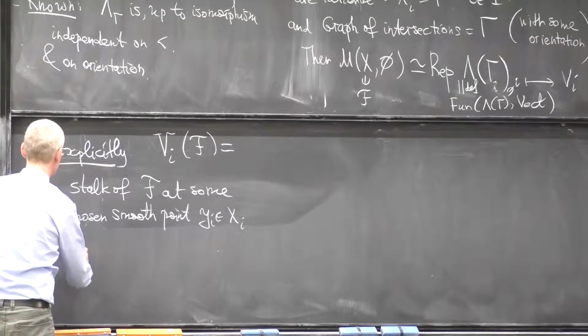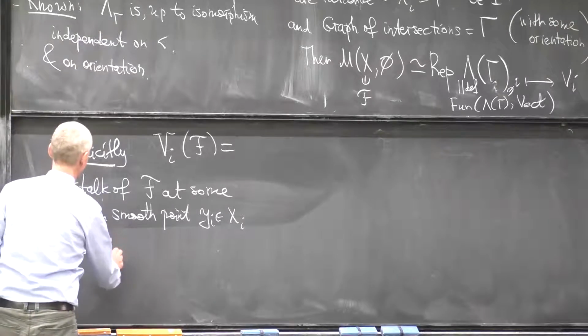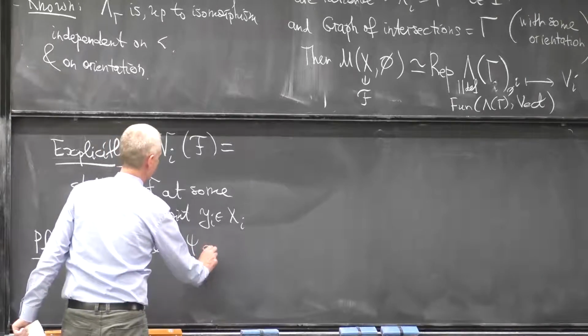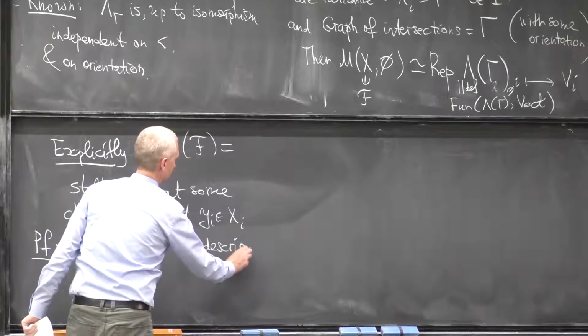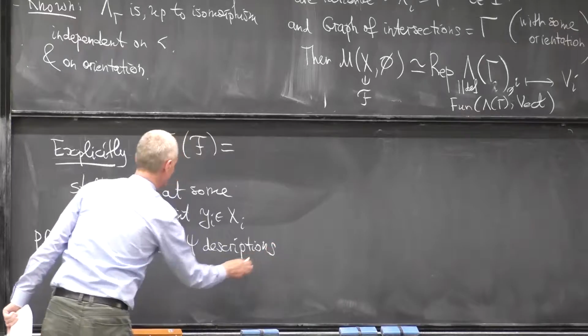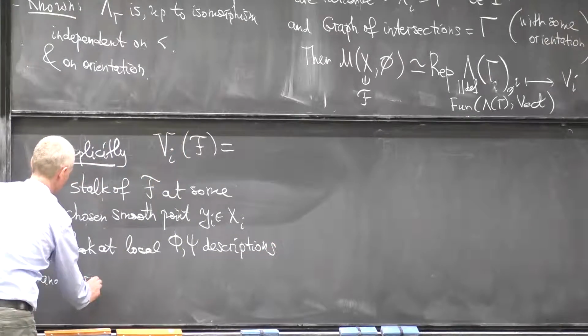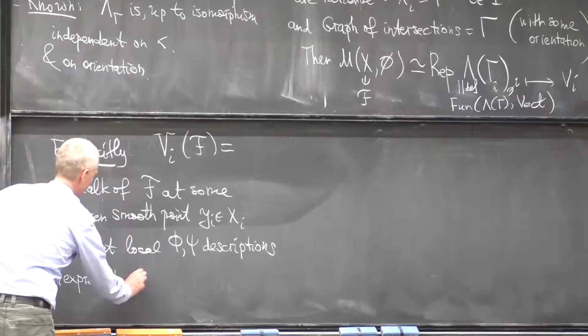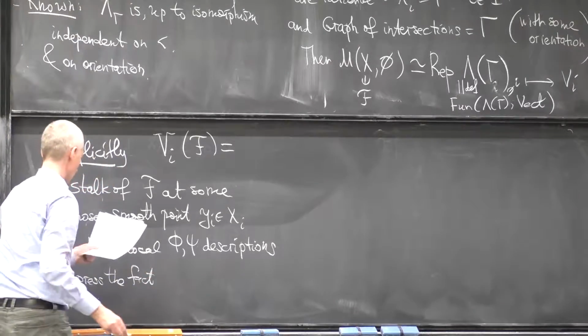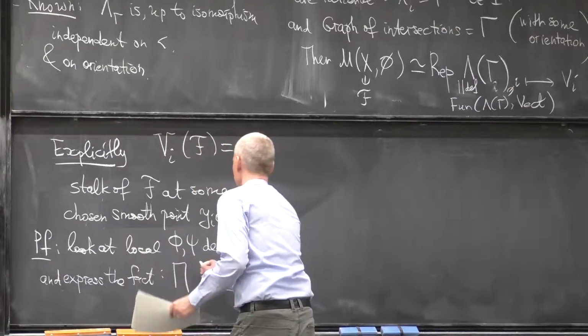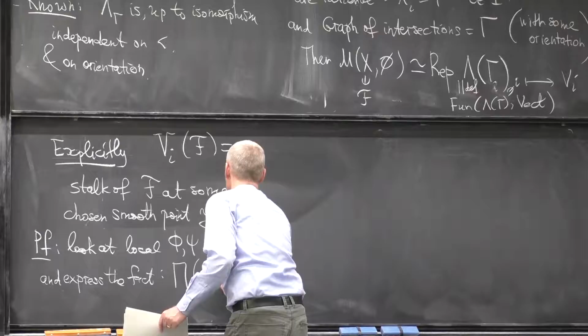So we look at local descriptions and express the fact that the product of monodromies is equal to 1.